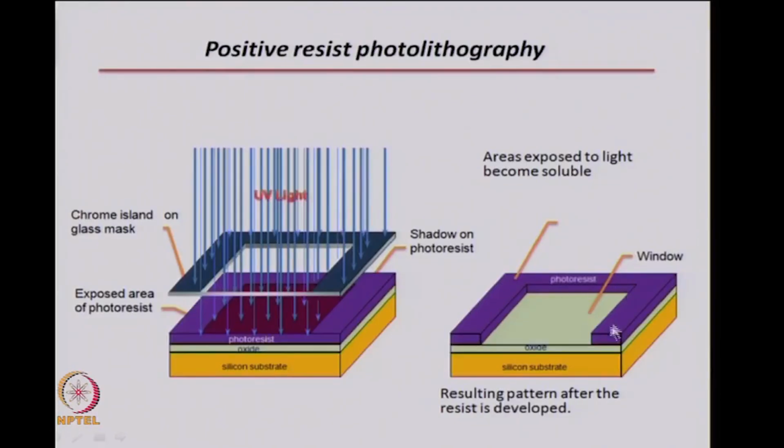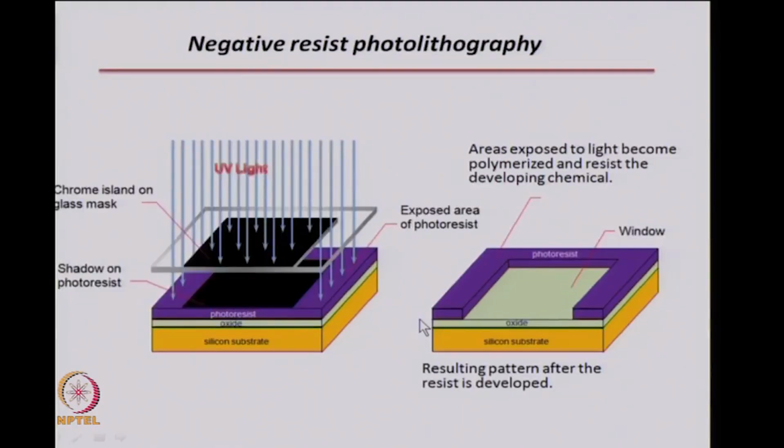So, the photoresist part which remains is where the mask was placed. The resulting pattern based on positive resist photolithography will look like that if the shape of the mask is like this. Now, if you look at the negative resist photolithography, it is just the opposite.